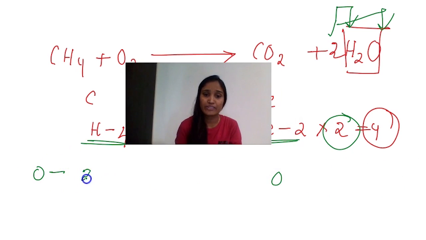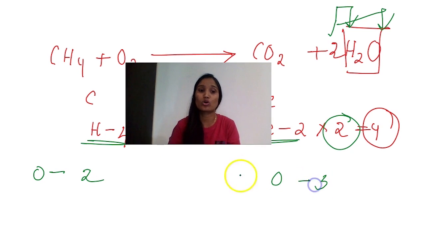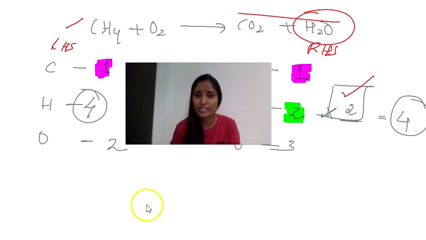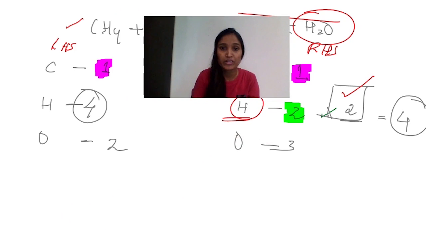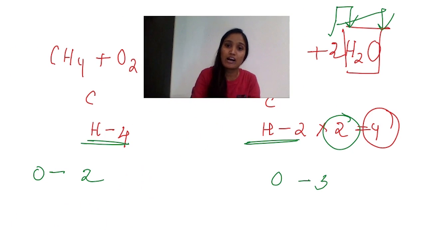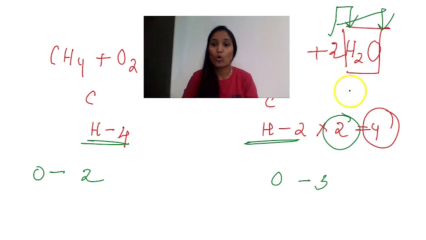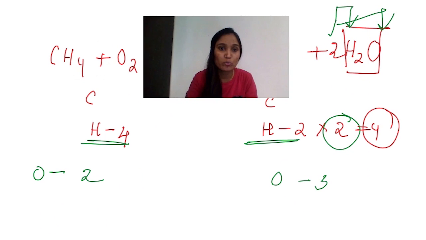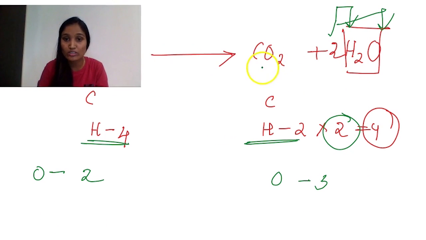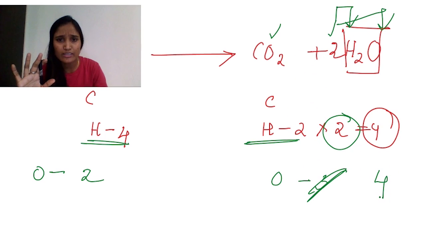Initially, we are having 2 oxygens and we were having 3 oxygens. This is what we have had at the beginning, right? Now, after making modifications, what is the fresh count of oxygen? Can you please count the number of oxygens on the right hand side? You have 2 oxygens plus 2 oxygens. So it's no more 3. Then it is 4. Did you understand this point? Is this clear to you?